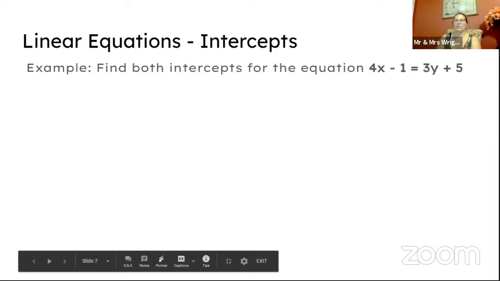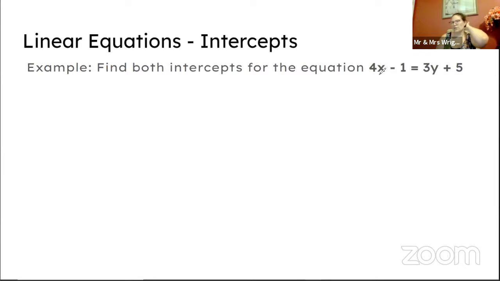All right, so 4x minus 1 equals 3y plus 5. Now, in order to find the y-intercept, I want to know, what is y going to be when the x value is 0? So all I have to do is plug in 0 for x and then solve for y. 4 times 0 is 0.